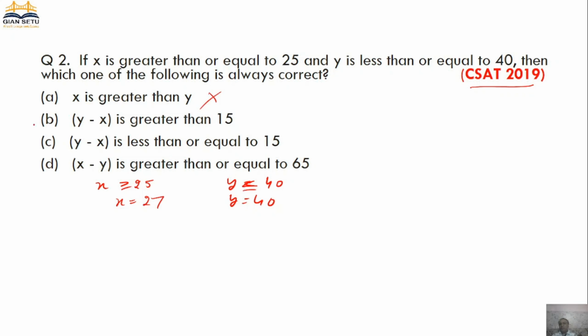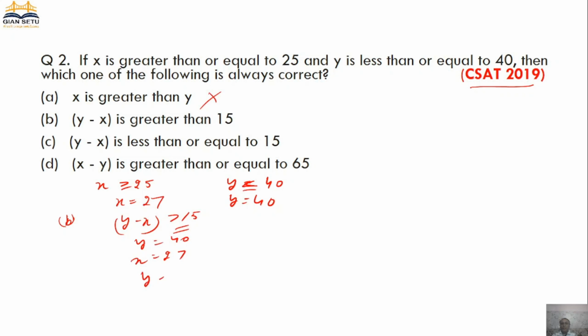Now let's see statement B here. This is y minus x is greater than 15. Now again suppose y is equal to 40 and x is equal to 27.